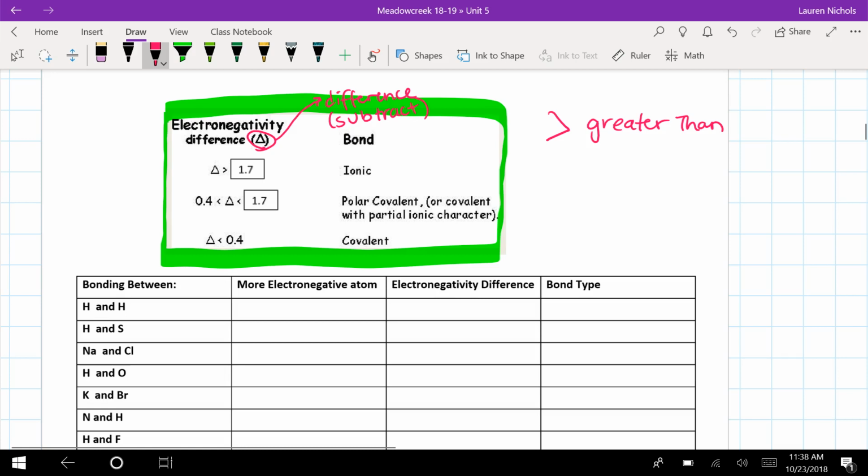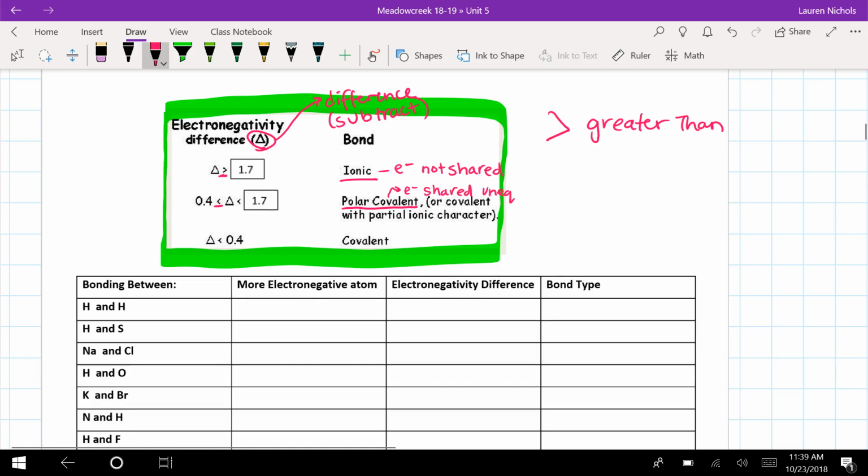And so if our difference is greater than or equal to 1.7, it's ionic, which means electrons are not shared. They're transferred, not shared at all. If it's less than 1.7 but greater than or equal to 0.4, it's polar covalent. And so this means the electrons are shared unequally.